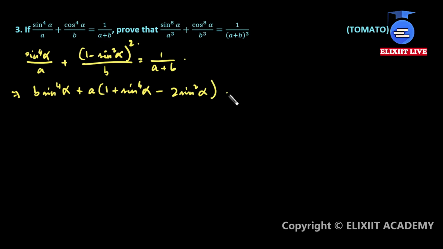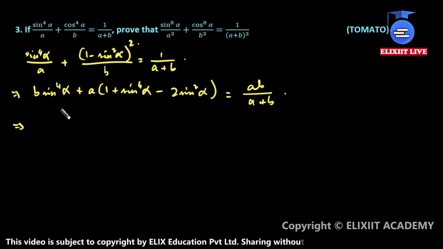Okay. And take this LCM AB on the right hand side. This becomes AB by a plus b. Okay, AB by A plus B. Then there comes this thing. So A plus B is there. Here we have B times sine to the power 4 alpha. What we can do now?